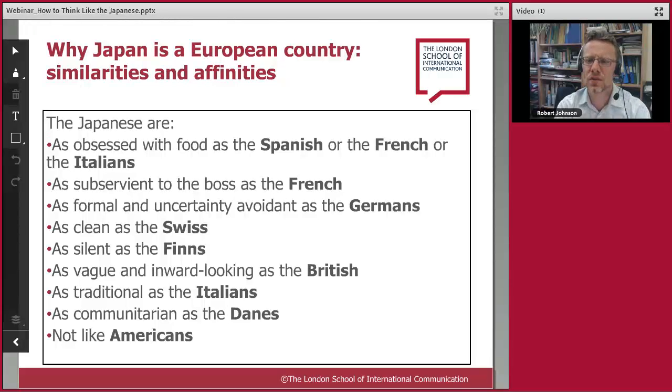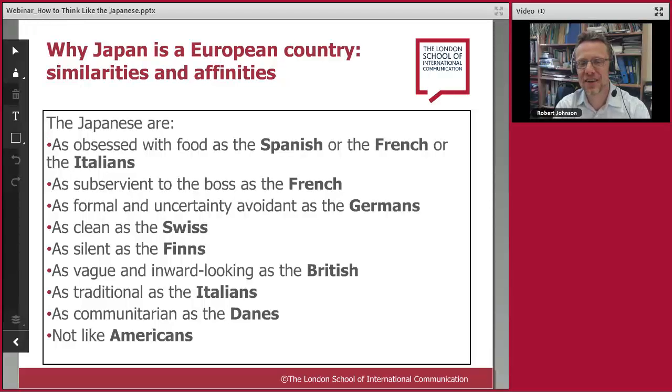It's not good to boast. And the Japanese are like that, sort of valuing not putting your head up too far. Of course, there's a famous Japanese proverb that the nail that sticks out gets hammered down. It can be quite a conformist society. So maybe there's a little affinity there with the Danes.